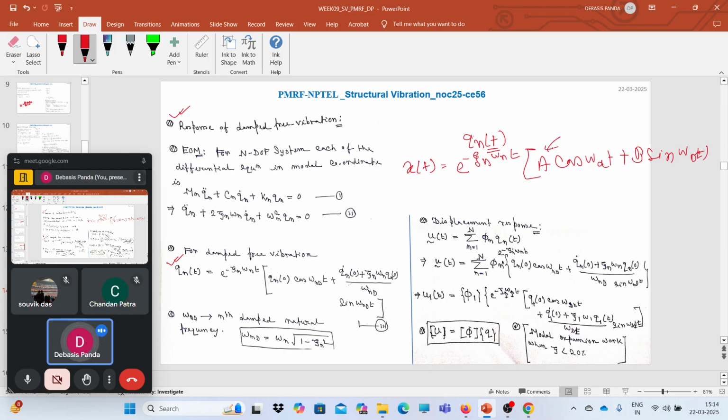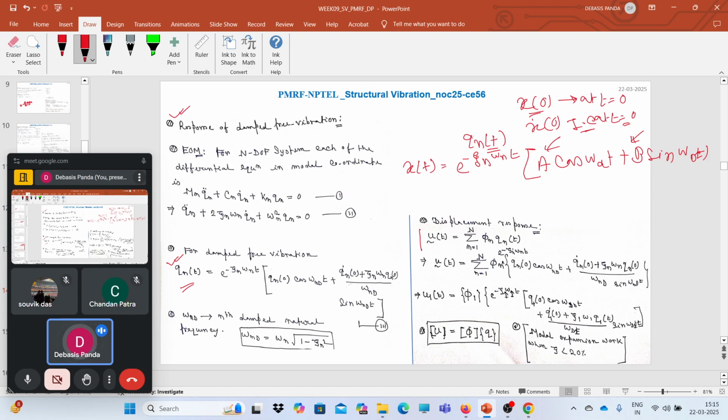And here a and b are found from the initial conditions. That means what is the value of the displacement at t equals 0, and what will be the velocity at t equals 0. From here we have found the responses. Once we have the information about the generalized coordinates, we can easily find the displacement response.